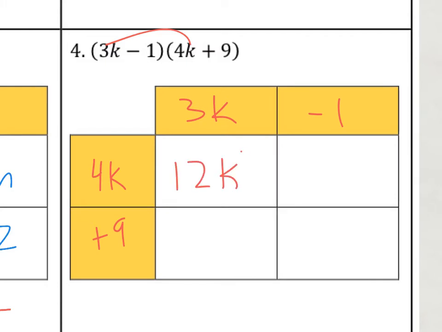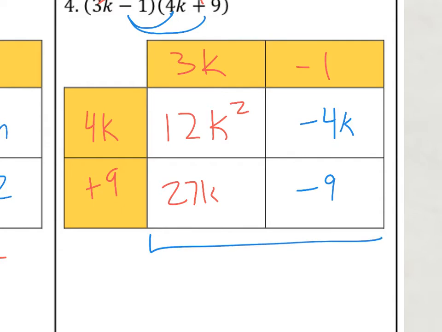K times the k is k squared. Then we have the 3k times the 9. That's 27k. We've got the negative 1 times the 4k. That's going to go right here. And the negative 1 times the 9, negative 9.